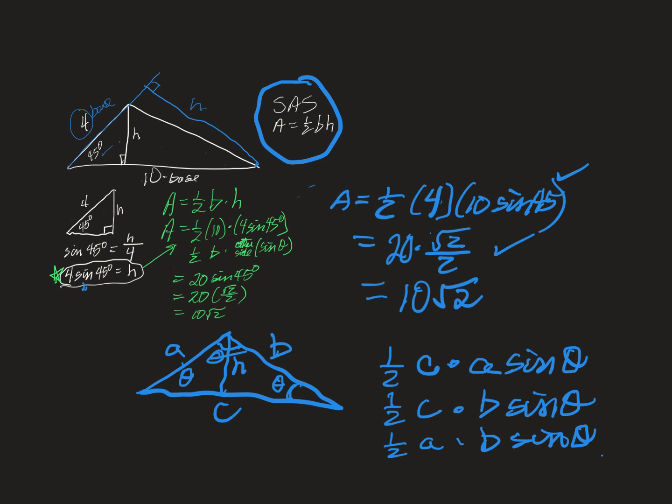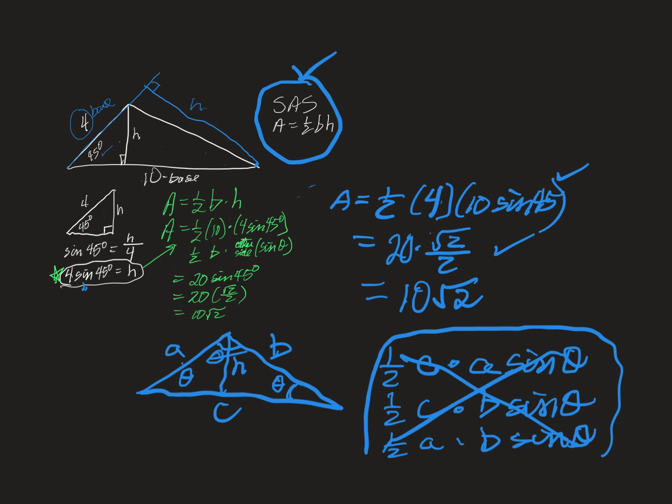And so what they do in your reading is they sort of talk through what I've done, but then they give you these formulas. And I hate formulas in that sense, because I want to know where the formula came from. And so whenever I want to find the area, I just work to find the height. And this works only in side angle side situations. Okay?